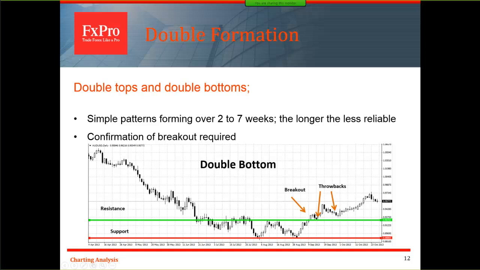So in this case, we had a retest of the resistance level, which we broke out from, and thereafter we had another second throwback close to that level. So you may want to identify as a stop loss level somewhere below the initial resistance level in this case.